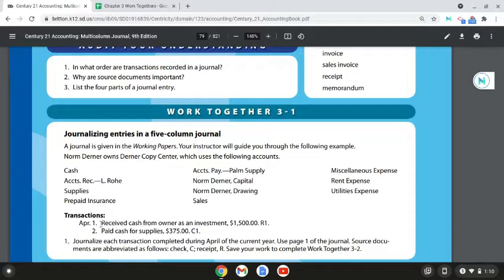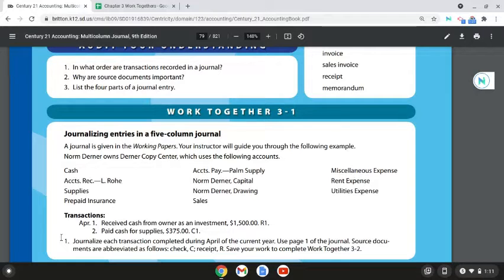We also are given 2 transactions, and it says down here for number 1, journalize each transaction completed during April of the current year. Use page 1 of the journal. Source documents are abbreviated as follows: check C, receipt R. Save your work to complete work together 3-2.